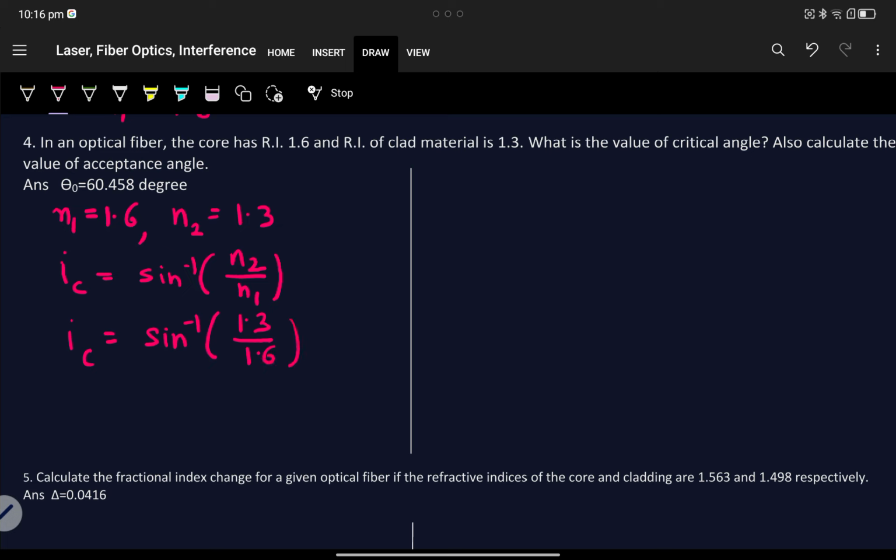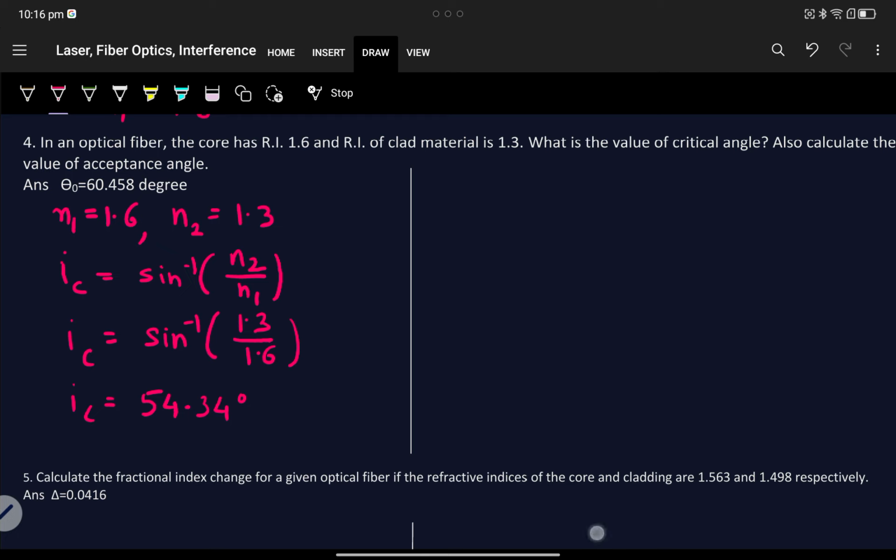When we calculate, the value comes out to be 54.34 degrees. So the critical angle is 54.34 degrees.